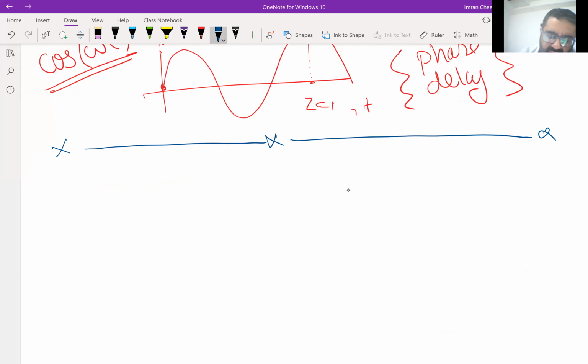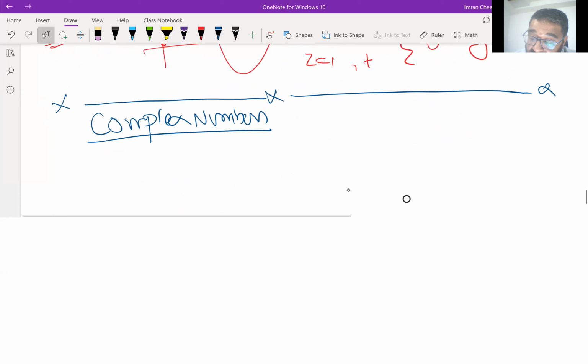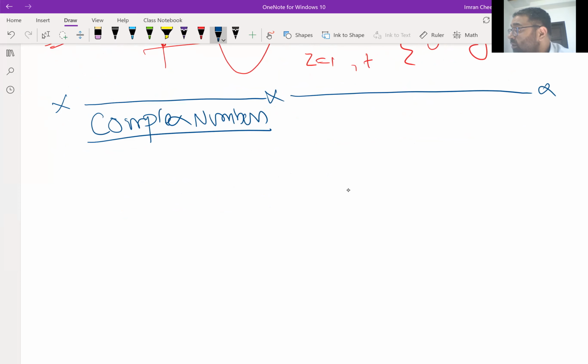So let's take a detour and look at some complex numbers again for the next 15 minutes or so, so that we are all on one page, because we would be using them for representing our sinusoids.